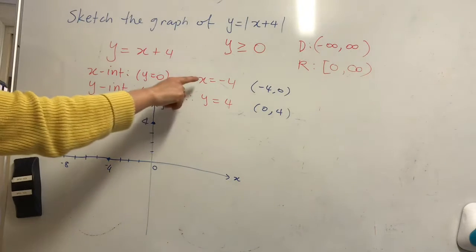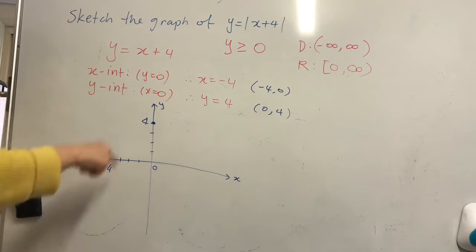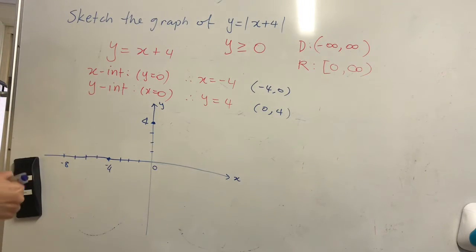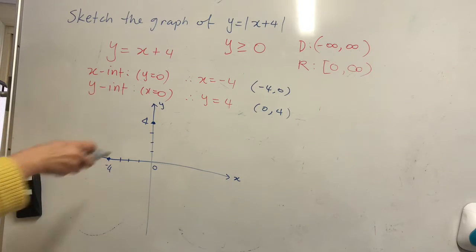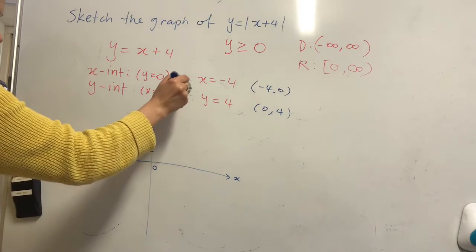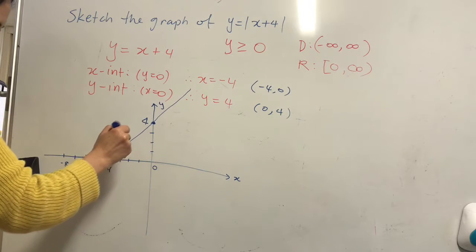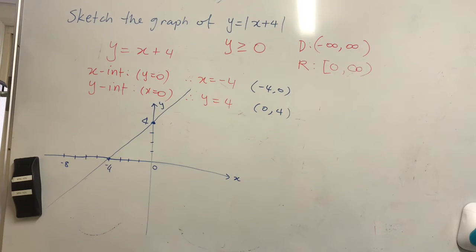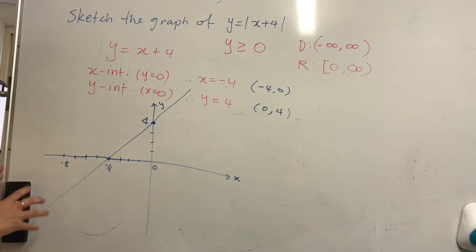So I've got the x-intercept and y-intercept. Okay? And then I will sketch a straight line going through like this. That's just y equals x plus 4. Right? So after this, you need to think about this, guys.